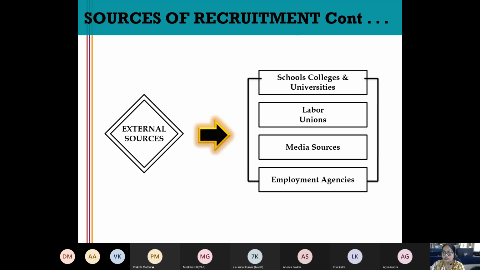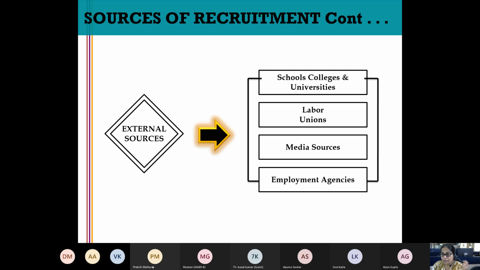So the external sources: you very well know there are colleges and universities who readily offer various occupational teachings, and they become your major source for recruitment. Then there are labor unions, and there are media sources, as the internet itself is a media source, and print media, where your advertisement can be posted either electronically or physically.